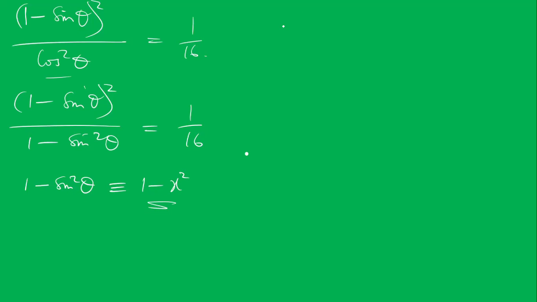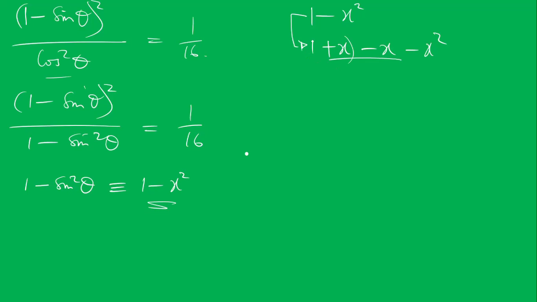So if you have 1 minus x square, it's the same thing as saying 1 plus x minus x minus x squared. So the whole of this, x minus x, is 0. So this expression here is the same thing as this.